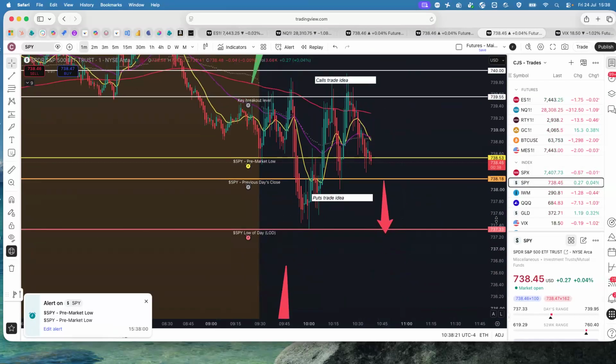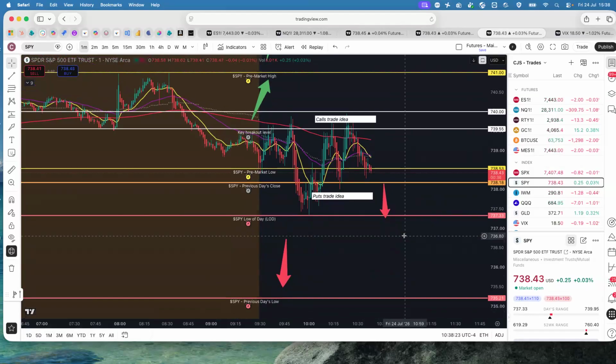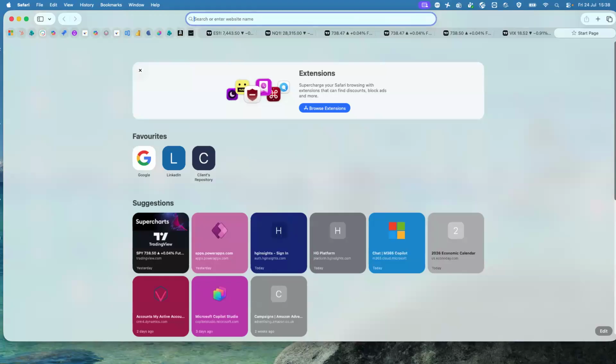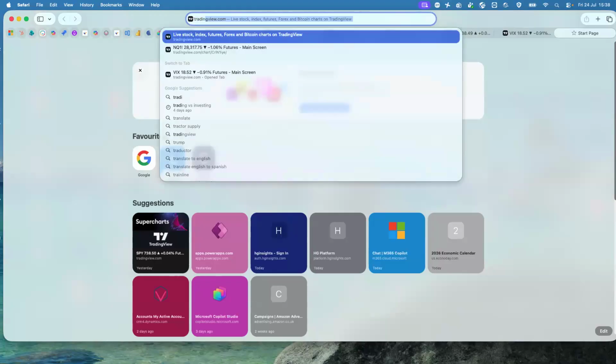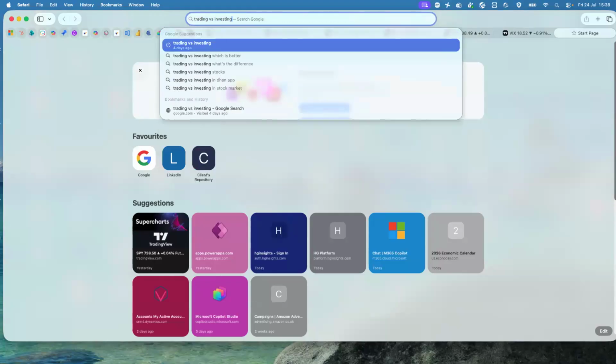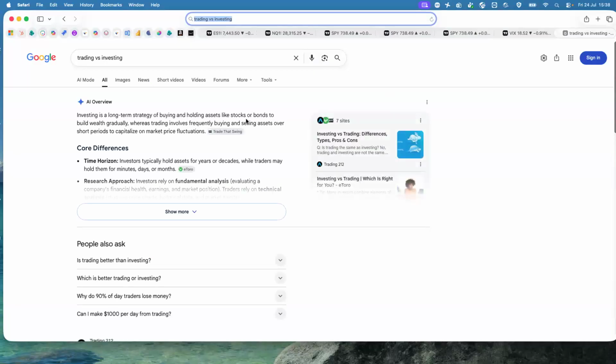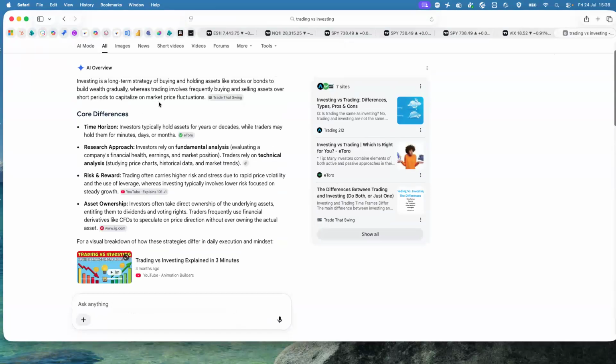So remember, market structure is what gives you a trade idea. When I come to you guys, I'm not just saying, oh, calls above this. No, I'm looking at the structure of the market and saying, okay, where's the gap that price can trend through that we can tap into? Because remember, trading versus investing.